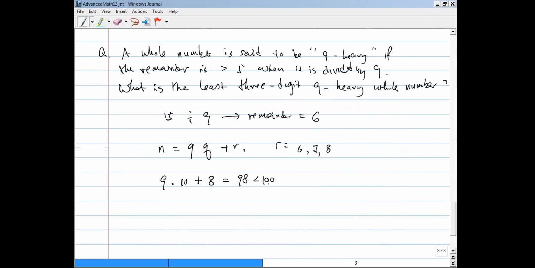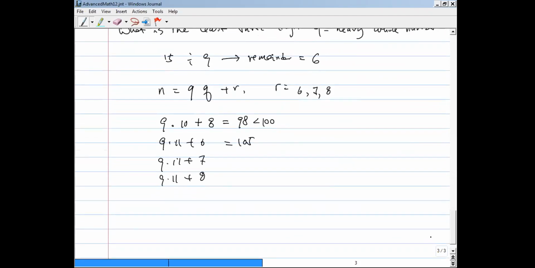So the next numbers you can try are 9 times 11 plus 6, 9 times 11 plus 7, 9 times 11 plus 8. The next number will be 105, which is already a 3-digit number. So this should be the answer. You don't need to calculate the other numbers. So 105 divided by 9 has remainder 6, and I think this is the smallest 3-digit number satisfying the condition.